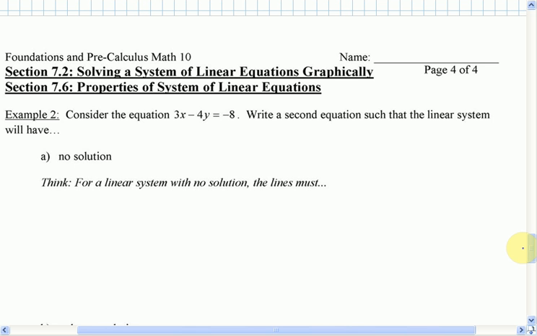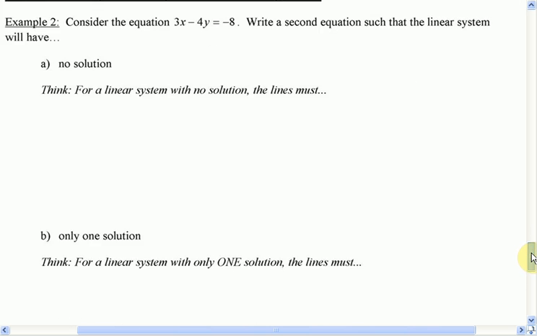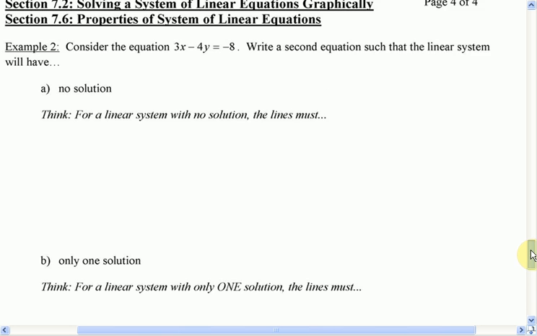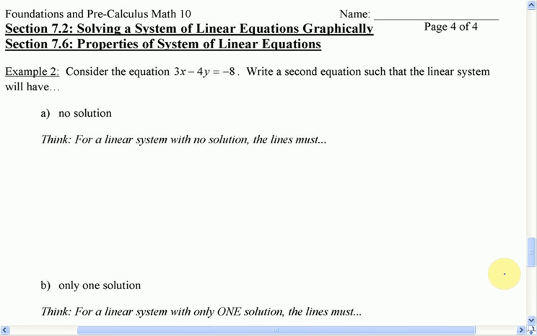So it says write a second equation such that the linear system will have no solution, then one solution, then infinitely many. Now think, before we do this, I always said find an equation in slope-intercept form. So let's go ahead and try to redo this and write it in slope-intercept form.